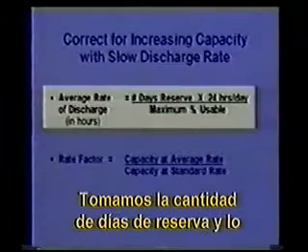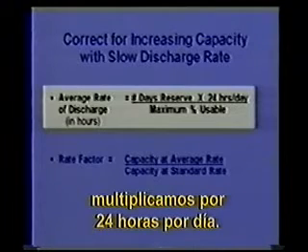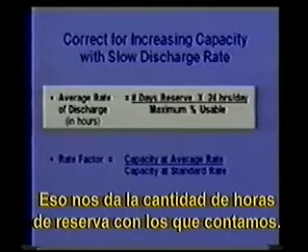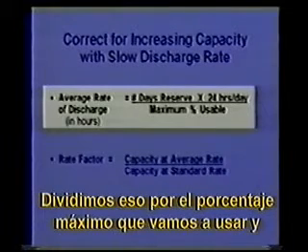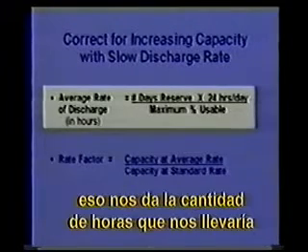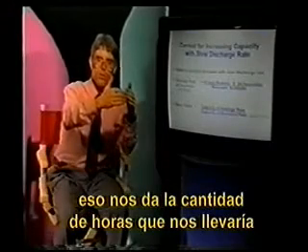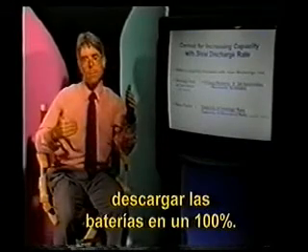We do that by taking the number of days of reserve, 5, 10, 15 days of autonomy, multiplying that by 24 hours a day. That gives us the number of hours of reserve that we're counting on. We divide that by the maximum percent that we're going to use, and that actually gives us the amount of hours, the time, that it would take us to 100% discharge our battery.